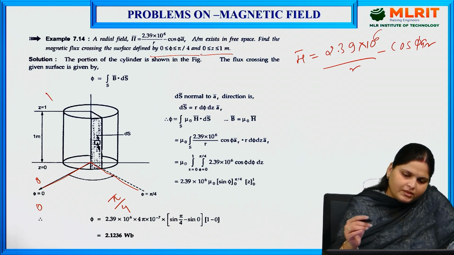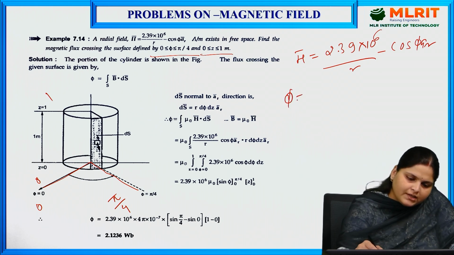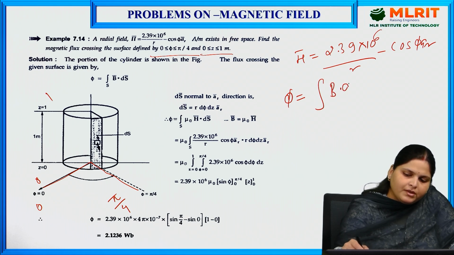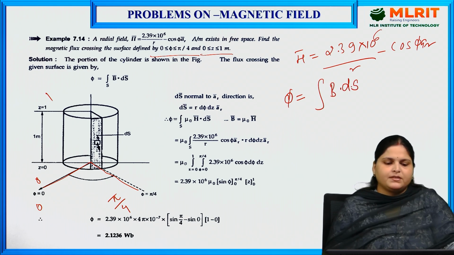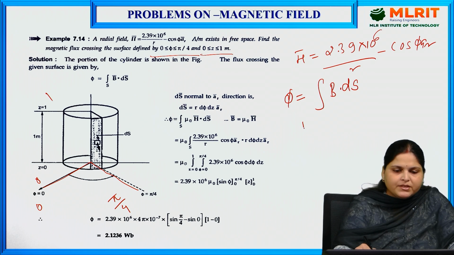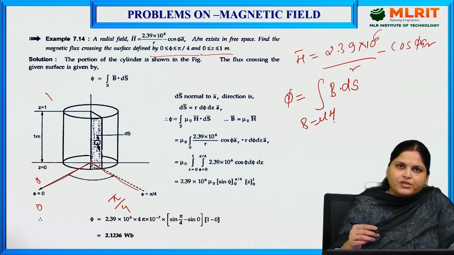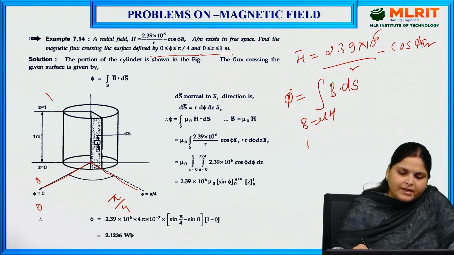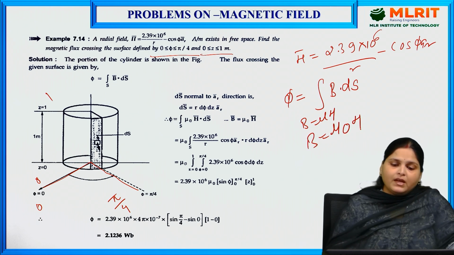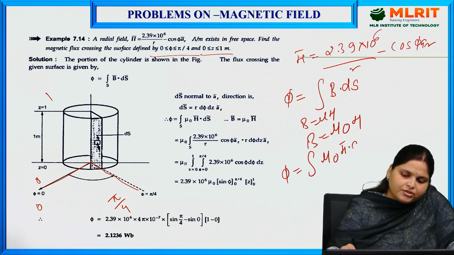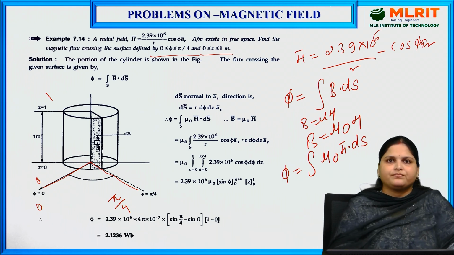The formula of flux, in terms of flux density, is integration of B dot ds, and B is equal to mu H. In this question free space is given, so we can write B is equal to mu naught H, and further phi is equal to integration of mu naught H ds.